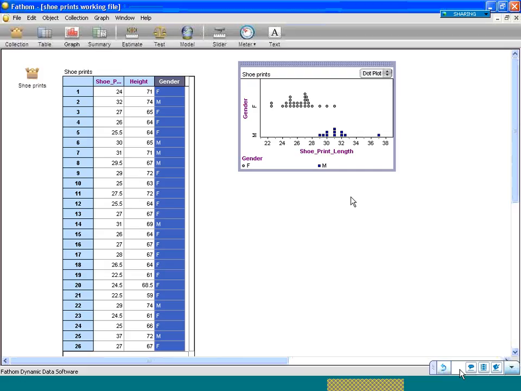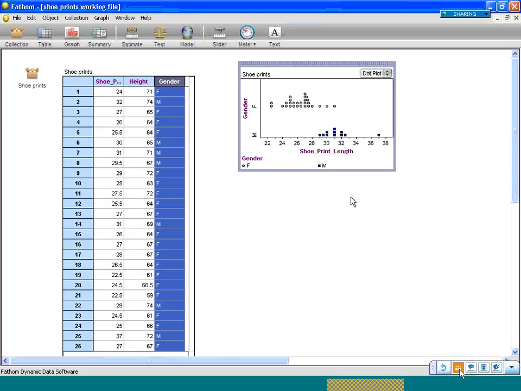So when we're looking at these two dot plots, we can see some clear differences. Do we see any similarities? They both seem to have a middle and tail that go off into the extremes.